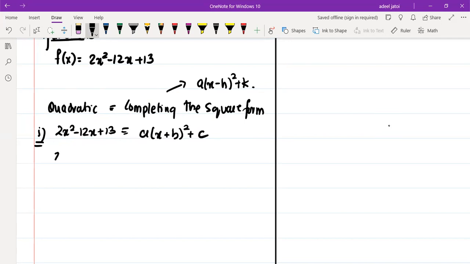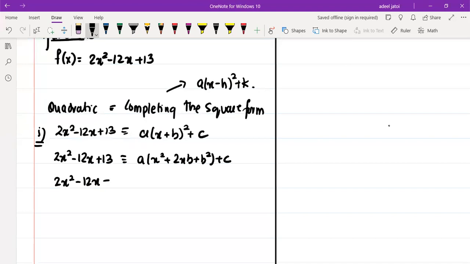So if we just do it, that is 2x² minus 12x plus 13, and we can open this (x plus b) whole square. This should be x² plus 2xb plus b² plus c. We need to open this to the fullest.